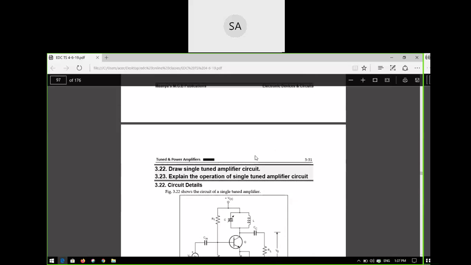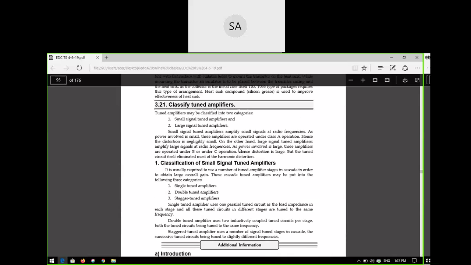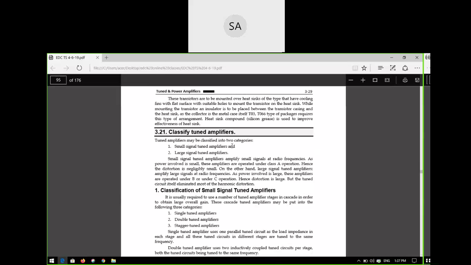So what is a tuned amplifier? Tell me. It amplifies a particular frequency signal. Very good.